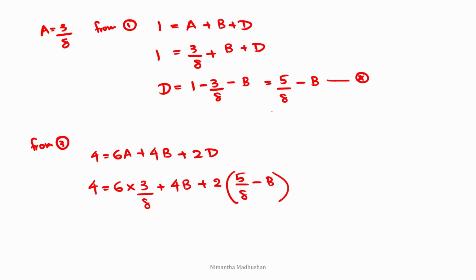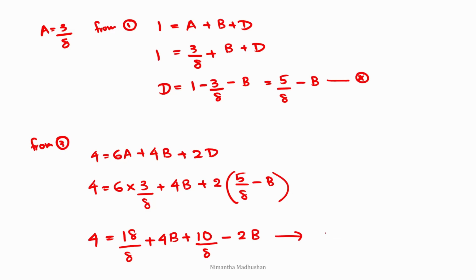The value of d is equal to 5 over 8 minus b. Then we can write 4 is equal to 6 into 3 is 18 over 8 plus 4b plus 10 over 8, 2 into 5 over 8 minus 2b.